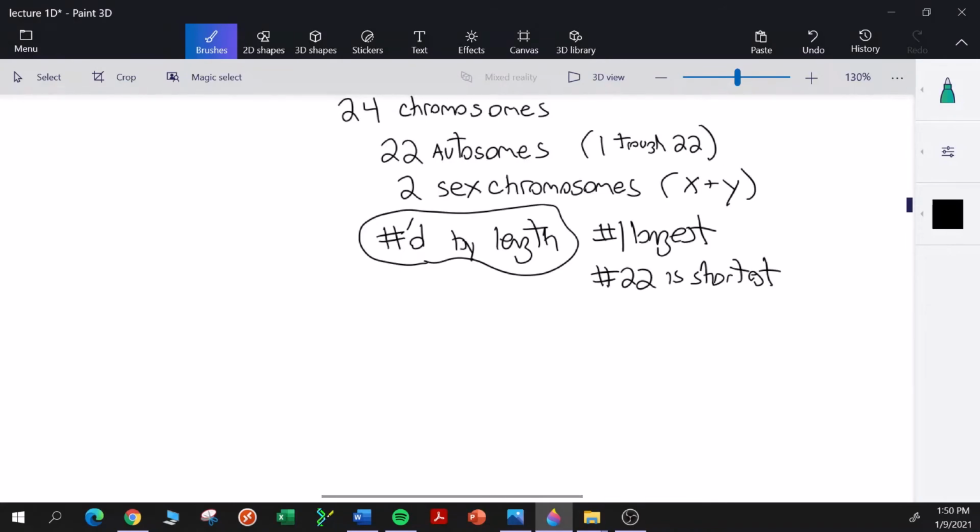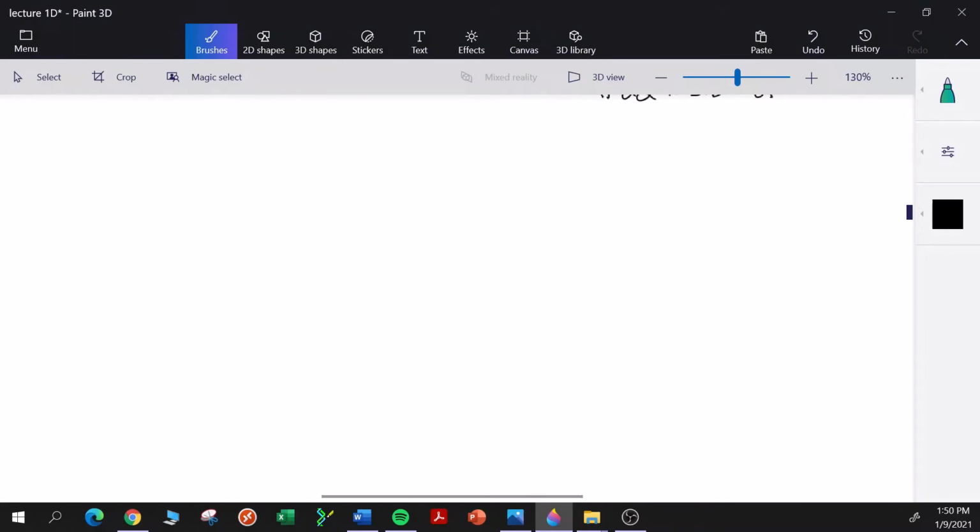Okay, so 24 different chromosomes in humans, but humans have 46 chromosomes, right? So, okay, how does that happen? In humans, we reproduce naturally, and we might not always need to do this.